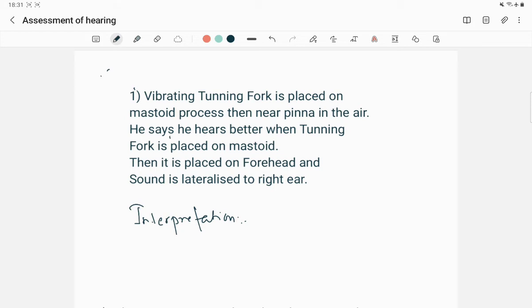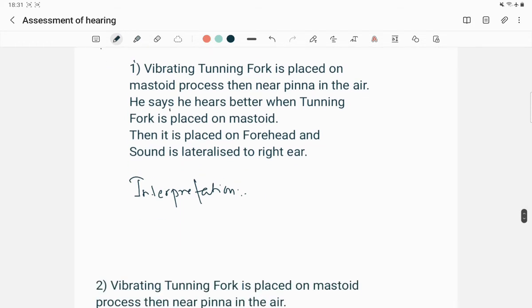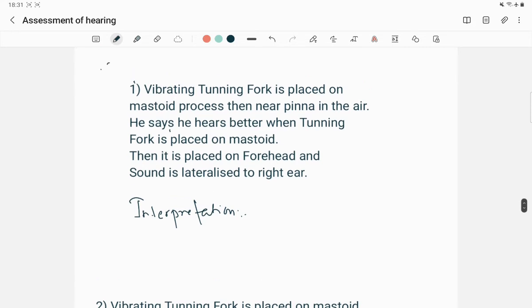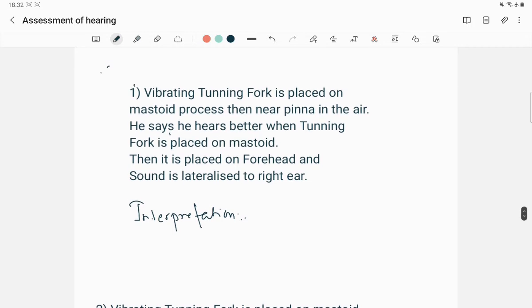He says he hears better when the tuning fork is placed on the mastoid. Then it is placed on the forehead and sound is lateralized to the right ear. Okay, I want you to do it. So just pause the video for a while and do it in your copy and then you can come back again to see the answer. I will be writing the answer here.